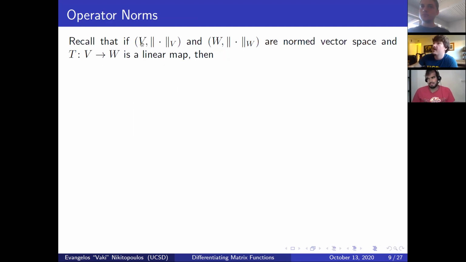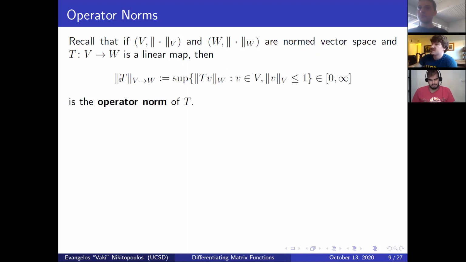Remember, if you have V and W normed vector spaces, so these are vector spaces with a notion of length, and if you have a linear map T from V to W, then its operator norm, which I'm going to denote with a norm subscript V to W, is the supremum of the W norm of Tv, where v is a vector with norm at most 1. And this can be infinity sometimes, like if V is infinite dimensional, but often we're going to restrict to the bounded case, which is when this is finite, and it's called the operator norm of T.